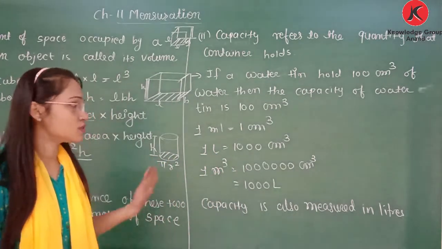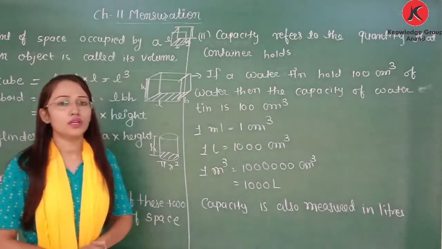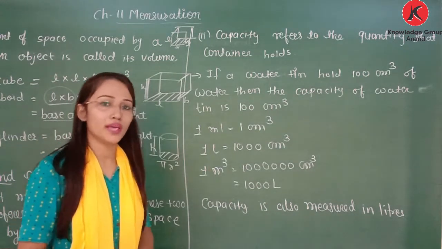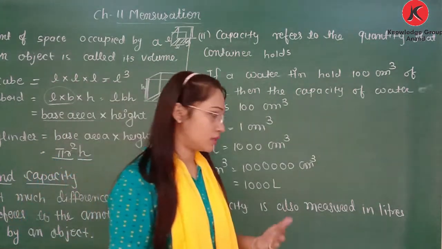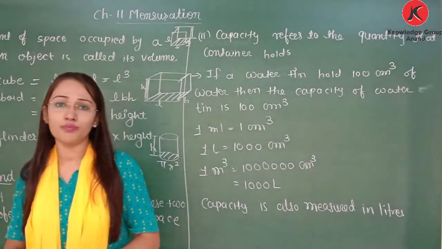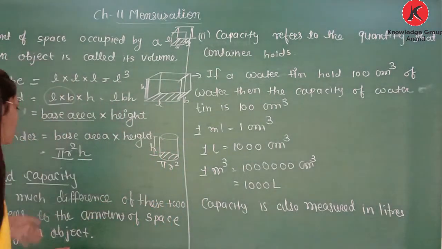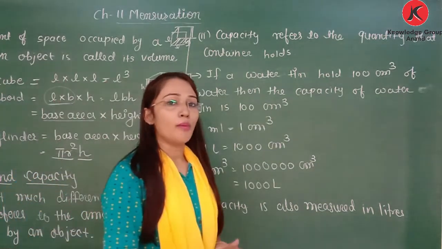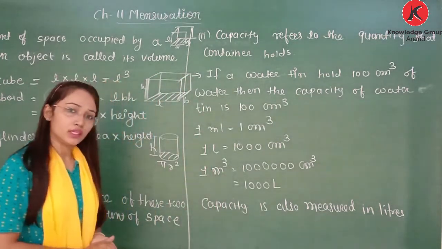When we talk mathematically, we can use the word volume. So both are the same. But if you define them, volume is the space occupied by the 3D object, and capacity is the amount of material the container holds.